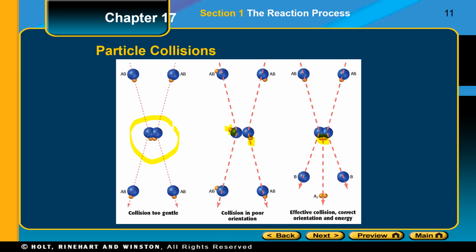And so as a result, down here on the bottom, we see the A2 molecule forming, and then we have the B's as separate atoms moving off on their way. So we had a chemical reaction between A and B, and so it'd be like AB plus AB, and when we're all done, we have A2 plus two B's.